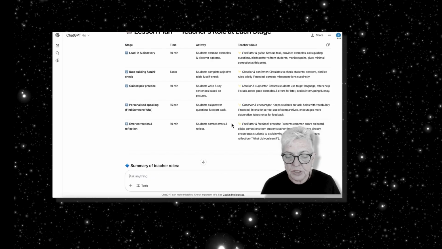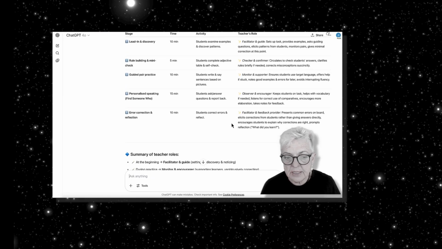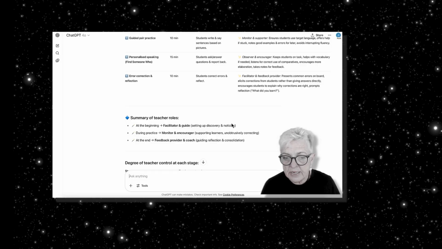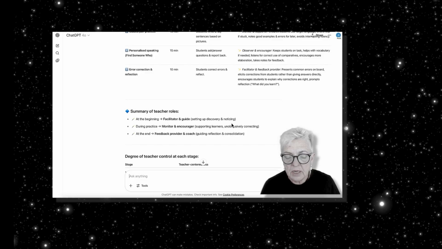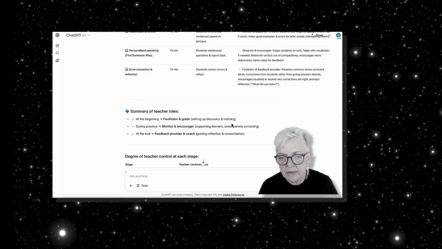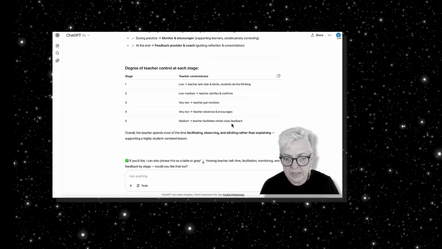A good range of roles there. So it's clear it's a student-centred lesson because there's very little at the front teaching. The roles are coaching, encouraging, guiding, facilitating, monitoring. Very nice.